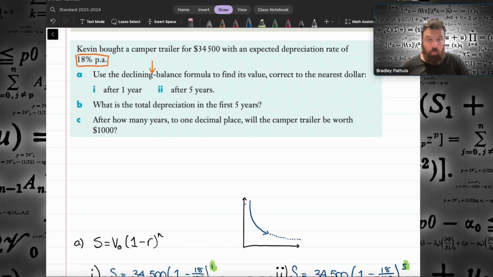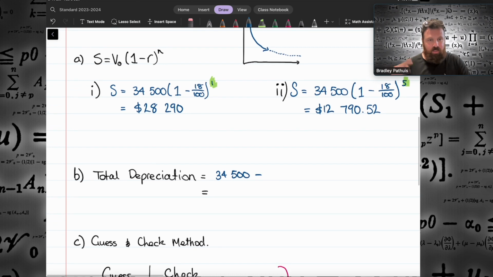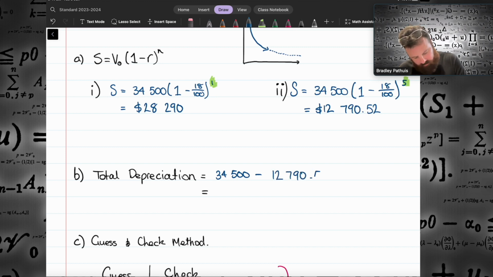Part B, total depreciation after 5 years. Well, the total depreciation is just its cost, 34,500, minus our answer to part 2. How much is it worth after 5 years? And when we take away those two values from each other, we can see that this camper has lost $21,709.48 in value when we round it to 2 decimal places.